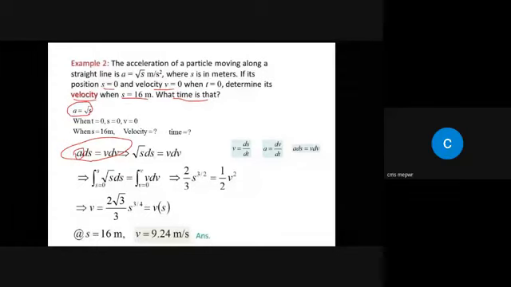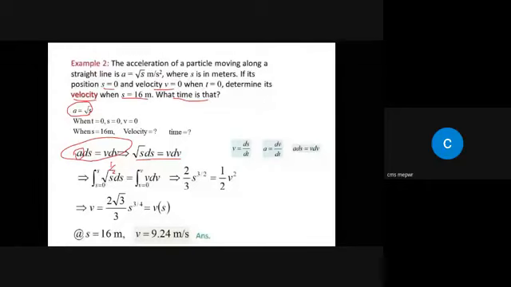Now √s means s raised to the power 1 by 2. Both have the same meaning. So take the integral on this side, take the integral on this side, and the integral will definitely be from 0 to s for the displacement term, and for time again it will be from t equal to 0 to any time t, and for velocity initially from 0 to any velocity v.